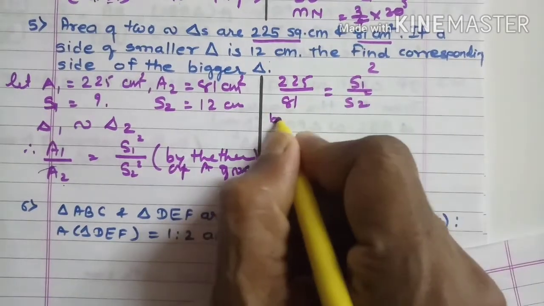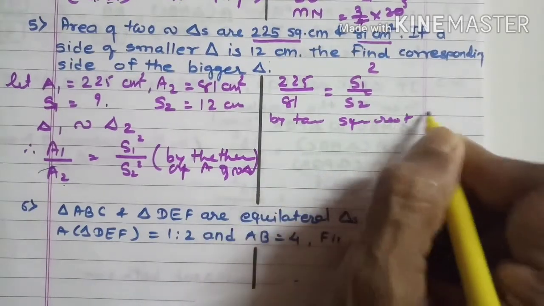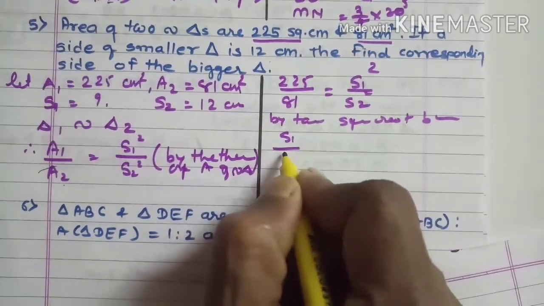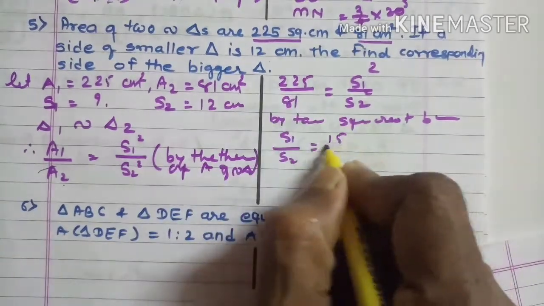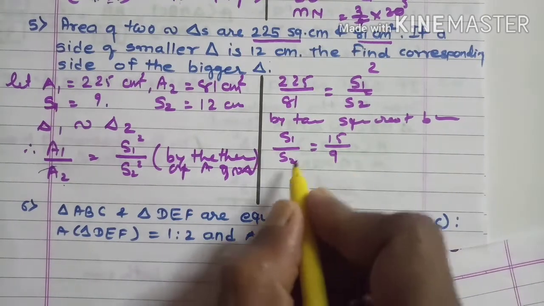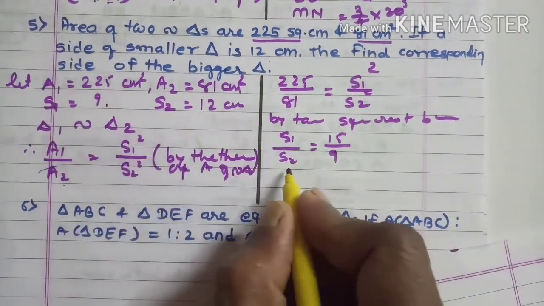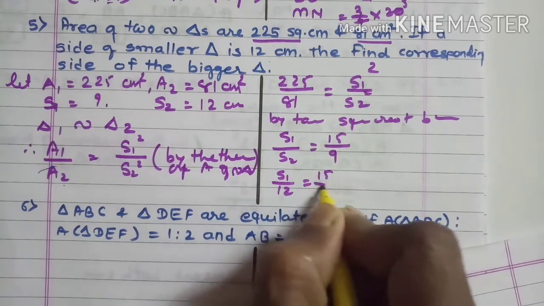Now by taking square root both sides, S1 upon S2 is equal to square root of 225 is 15 and square root of 81 is 9. Now substitute the value of S2, that is 12. So S1 upon 12 is equal to 15 upon 9.